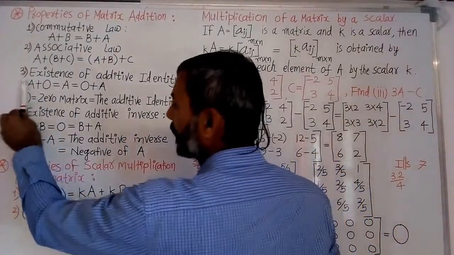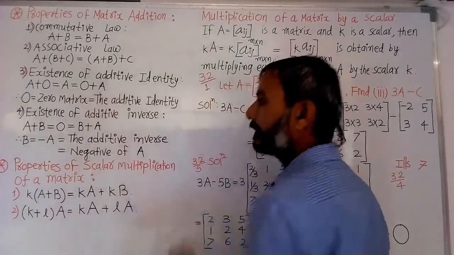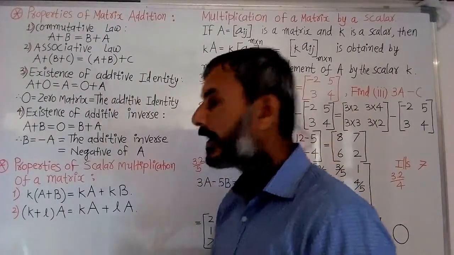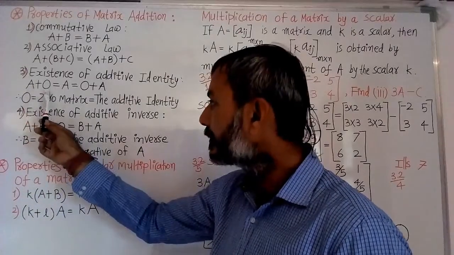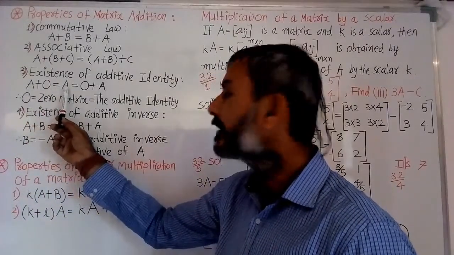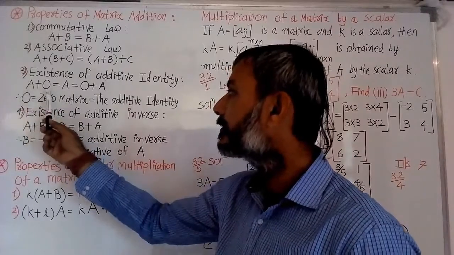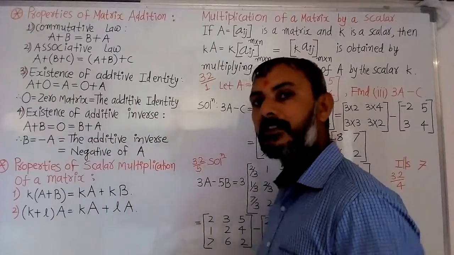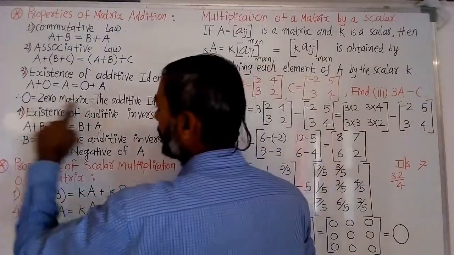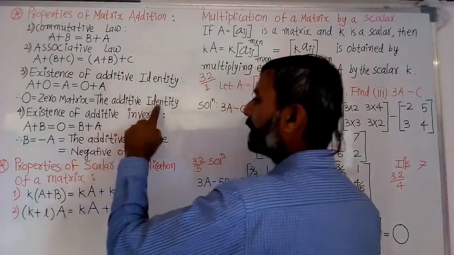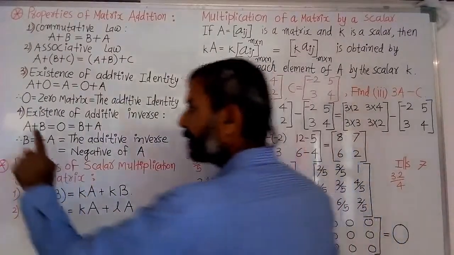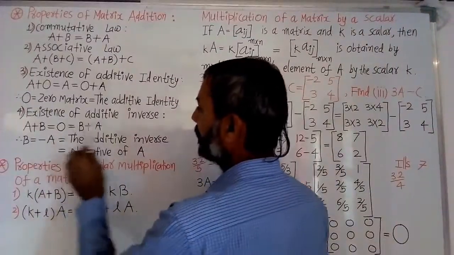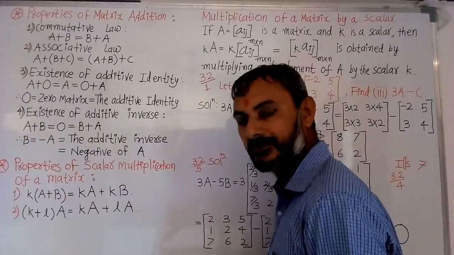Then third, existence of additive identity. We know this is the 0 matrix, and when we add any matrix with the 0 matrix, we get the same matrix in any order. Either you add A plus 0 or you add 0 plus A. Is that clear? When such a thing happens, this 0 matrix is called the additive identity. Fourth property is existence of additive inverse.